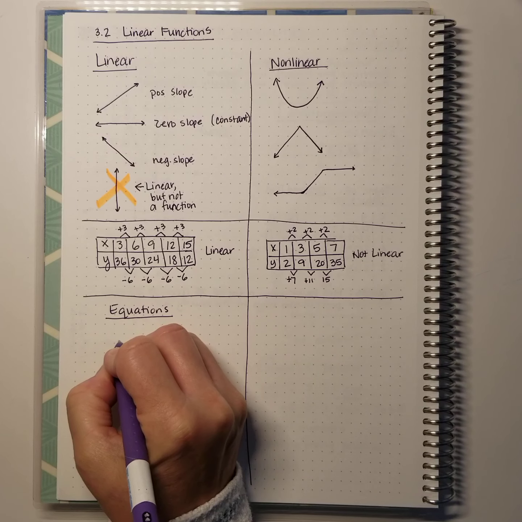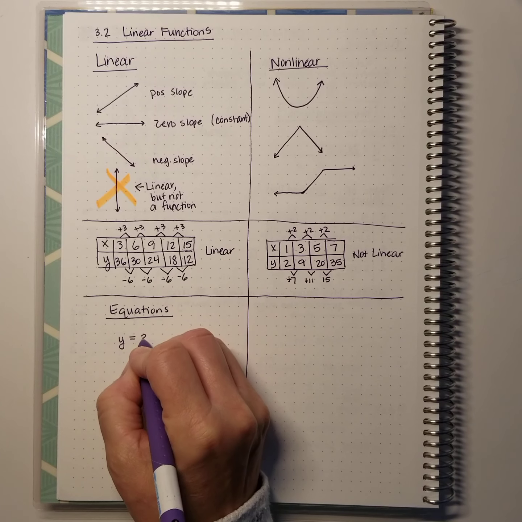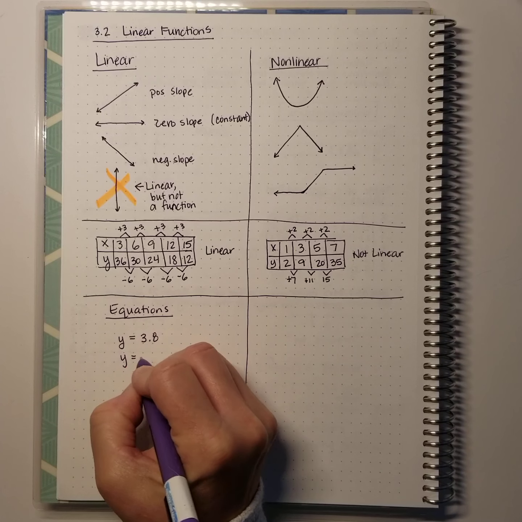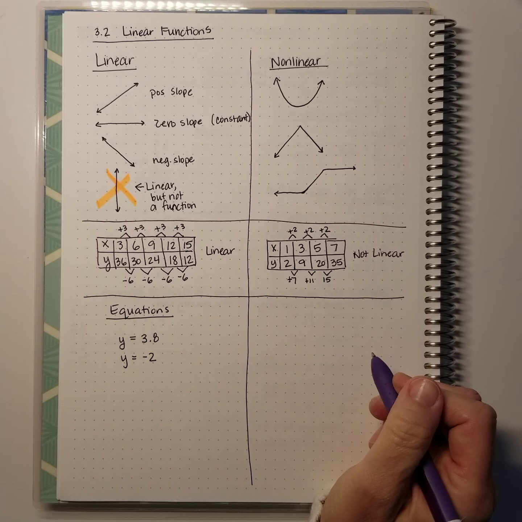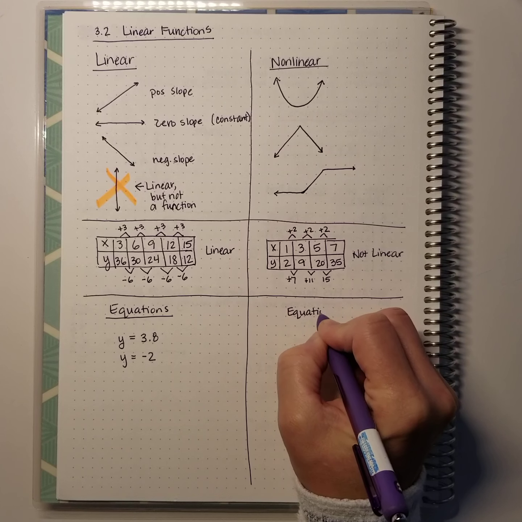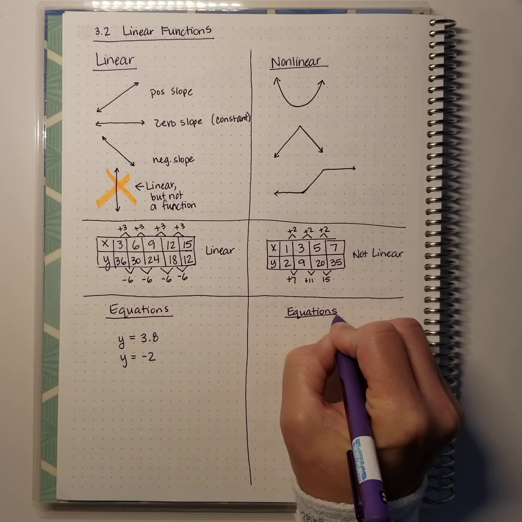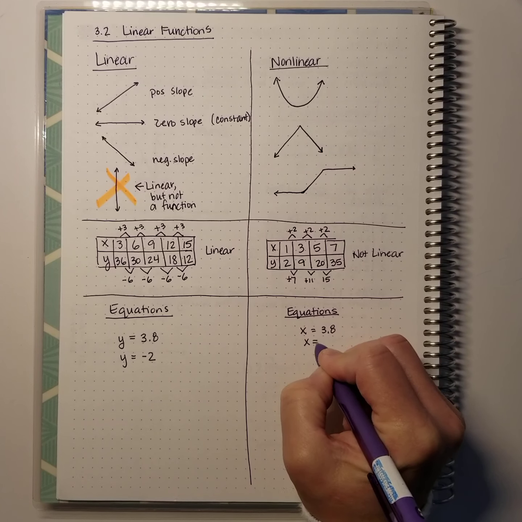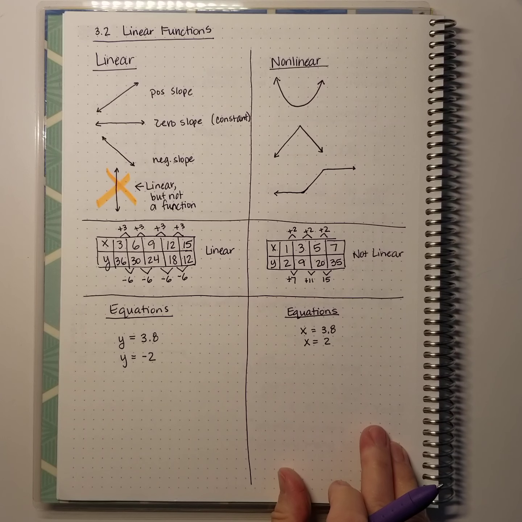And that's an equation like y equals a number, like y equals 3.8, or y equals -2. Equations that are linear though not functions are those undefined ones like x equals 3.8 or x equals 2.